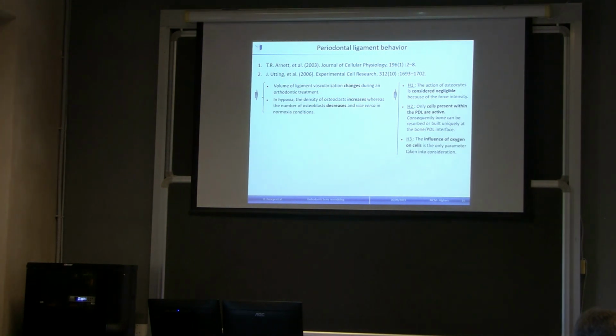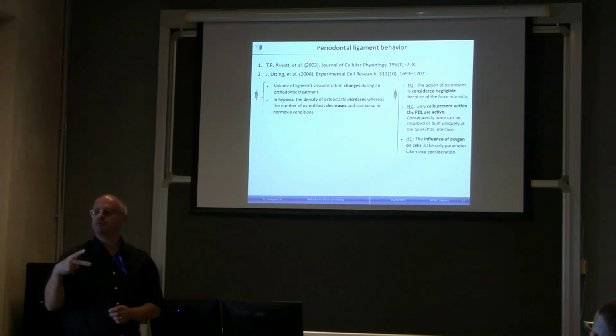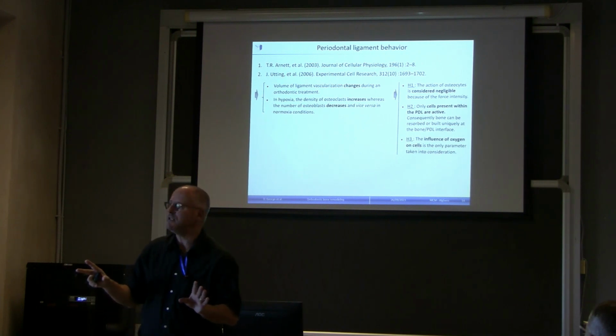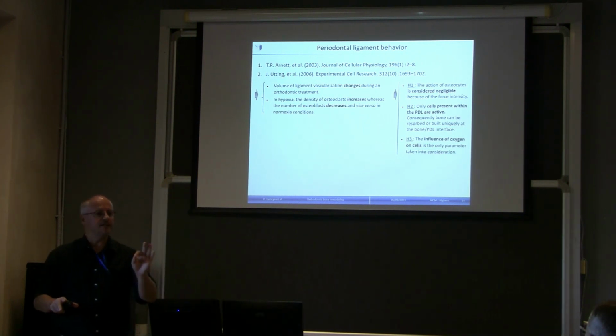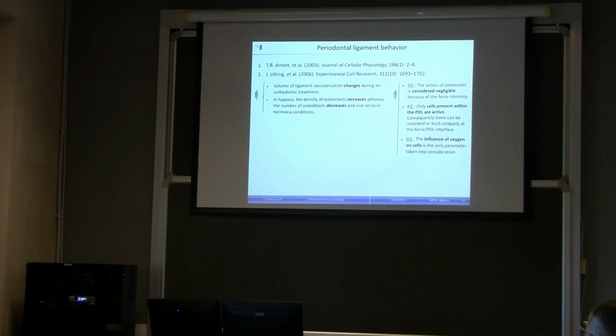So we made three hypotheses. The first one is that the action of osteocytes is considered negligible. Why? Because osteocytes are located in the bone, far away from the PDL. There's no osteocyte in the PDL, and the intensity of the force that we apply is very small, so the osteocyte does not see the force that we apply.